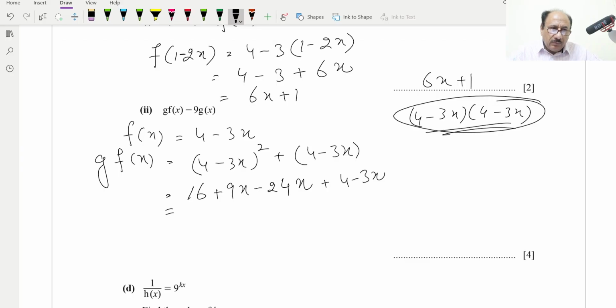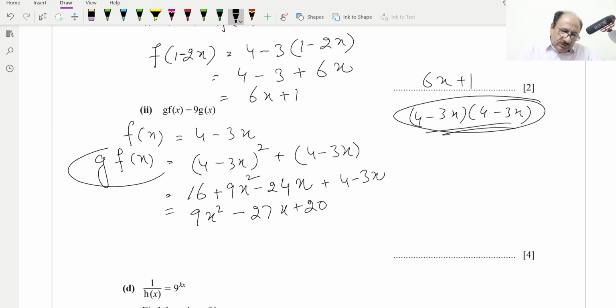So this is basically our value, which we can simplify. This will be 9x squared, and minus 27x, and plus 20. This is our value g of f of x, and they are saying g of f of x minus 9g of x.